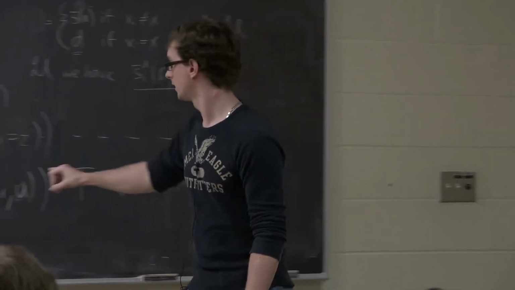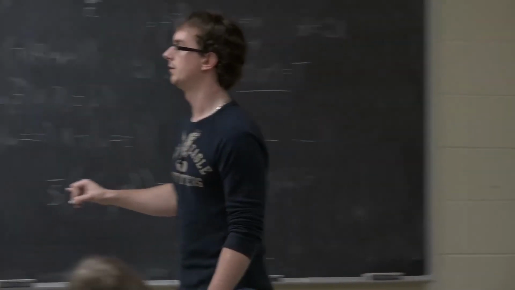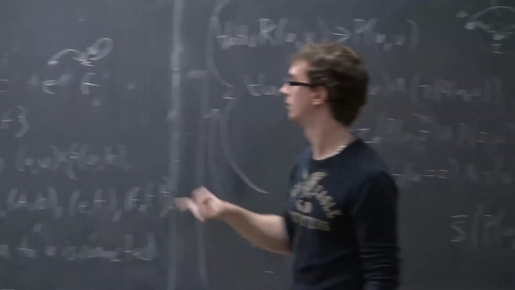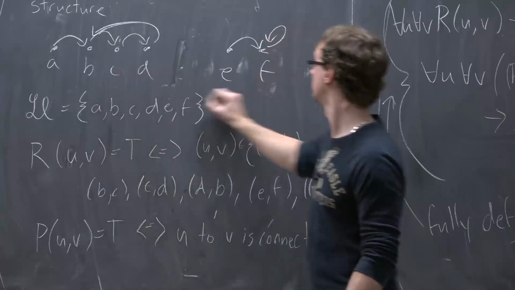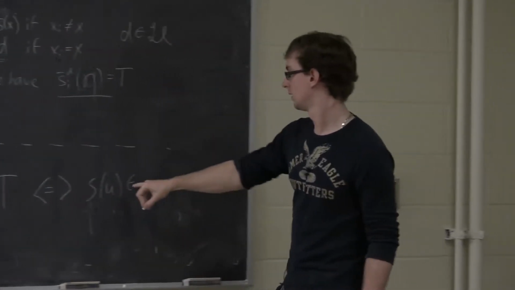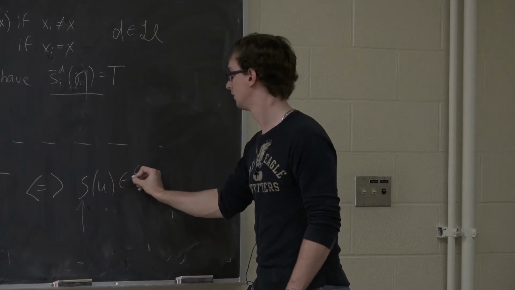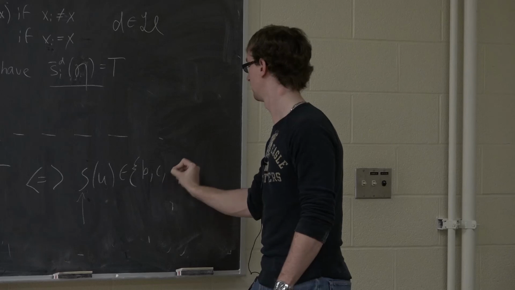So this is only going to be true for the variables or the constants that have a loop or have a path back to themselves, right? So that's B, C, D, and F. So this is going to be true if and only if S maps U to one of those possible elements in our domain.